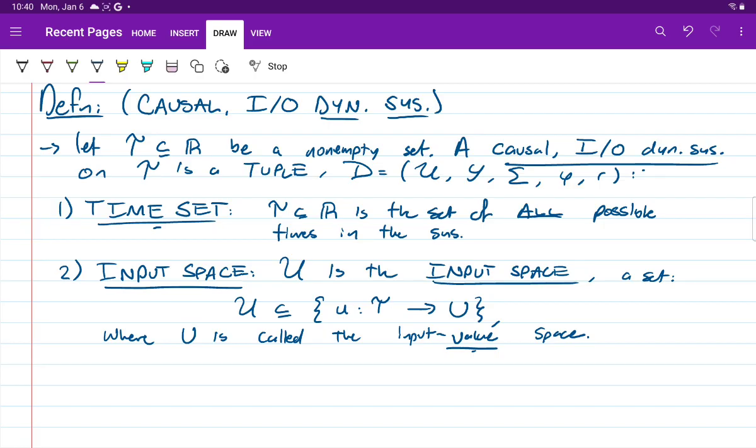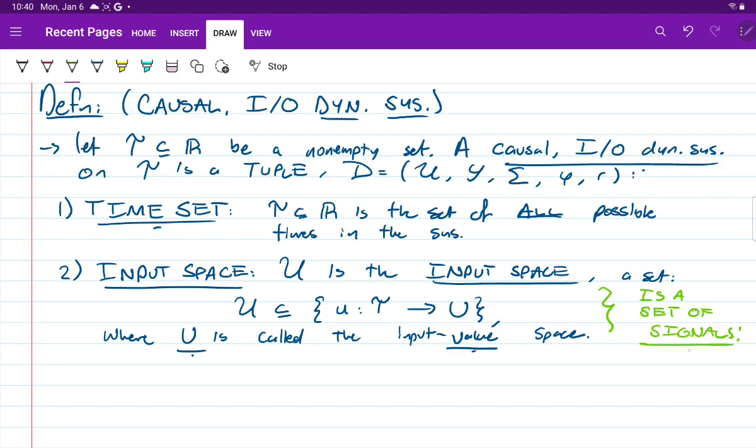What we require is that functions in curly U take on values in non-curly U. So input signals in the input space take on values in the input value space. Let me emphasize this: this is a set of signals.